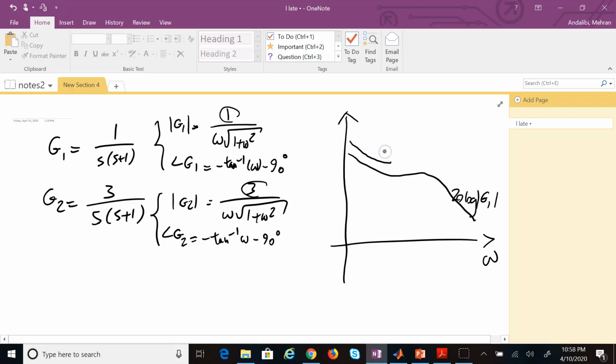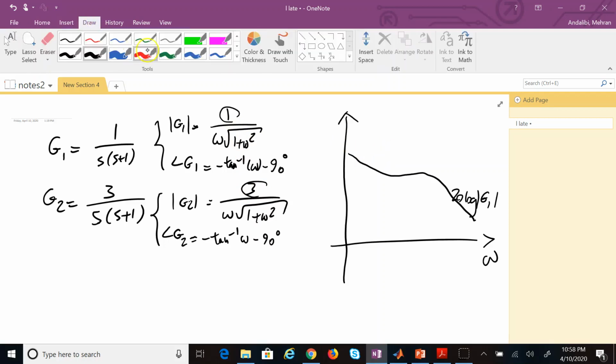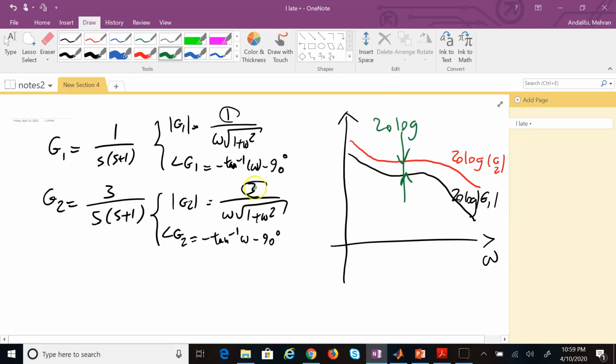It's going to be exactly the same shape, except you just shift it up. So this is going to be 20 log of G2. And how much is this vertical shift? It is going to be 20 log of this constant over the other constant. These many decibels.